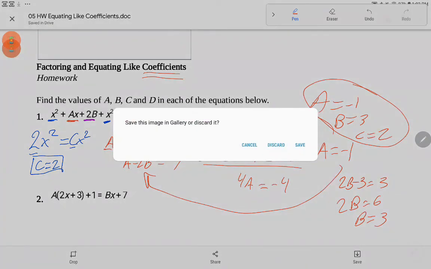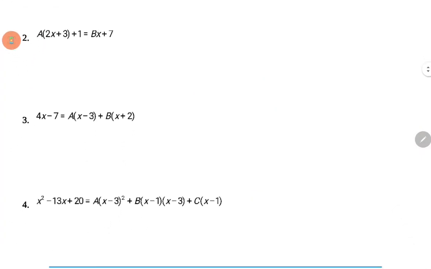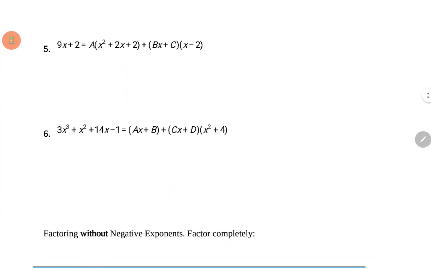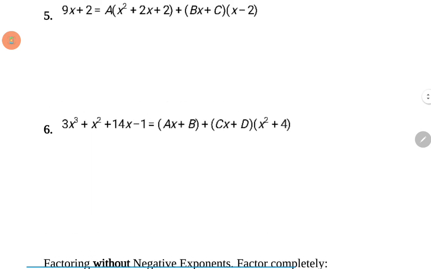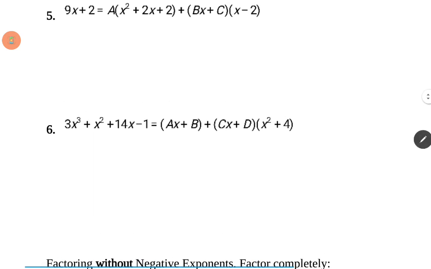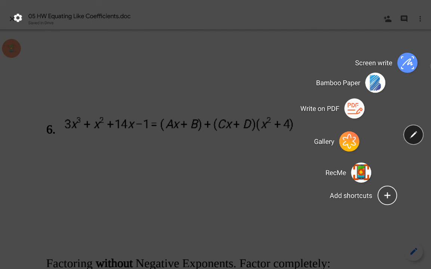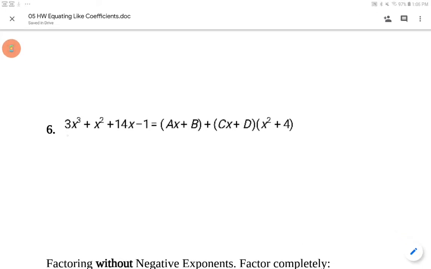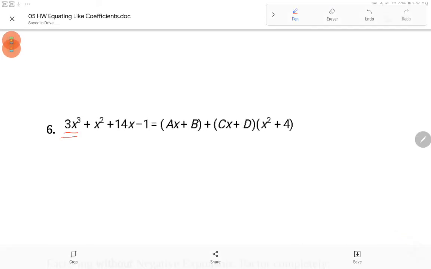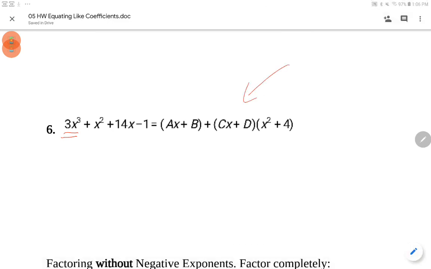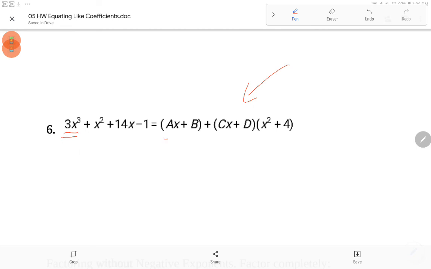We're just equating coefficients. Just as a quick glance through, I want to point out a few things, like number 6, for example. Just to give you a head start with that one, please take note that you have an x cubed term here. That means I set the x cubed term on the right equal to it. If you look right away, you don't see an x cubed term.